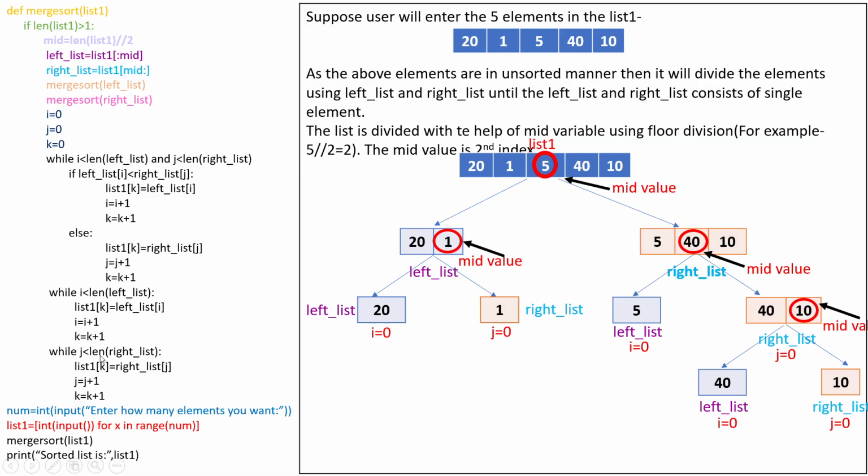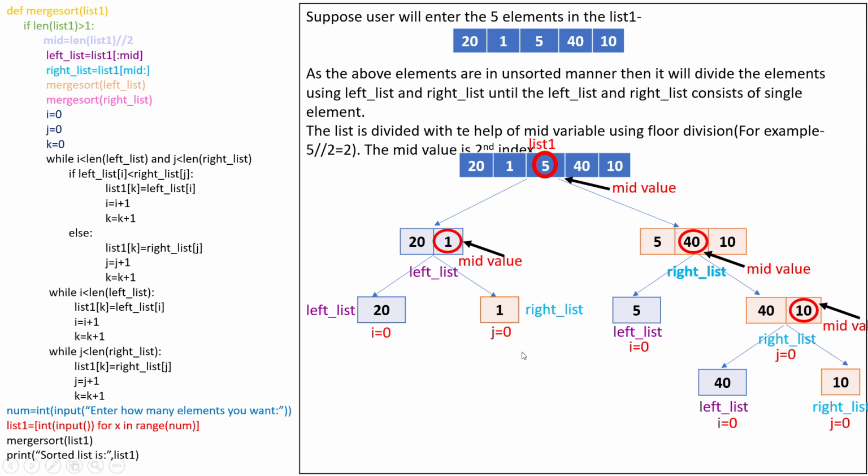j less than length of right list. What is j? 0. Is 0 less than the length of the right list? Yes. So it will go inside this loop. List1 of k. k is already incremented in the if part, so k is 0 plus 1, which is now 1.